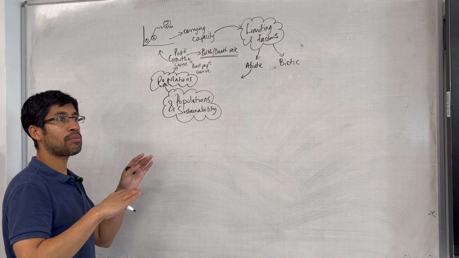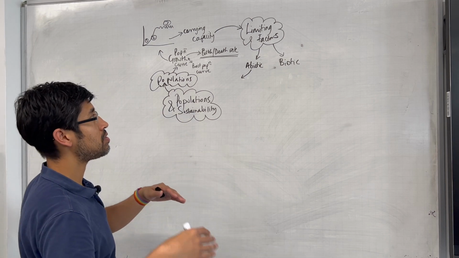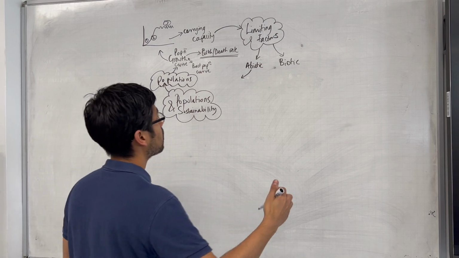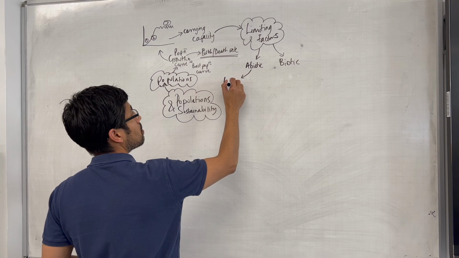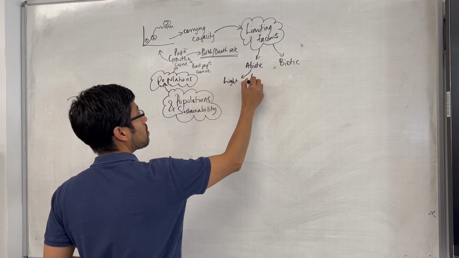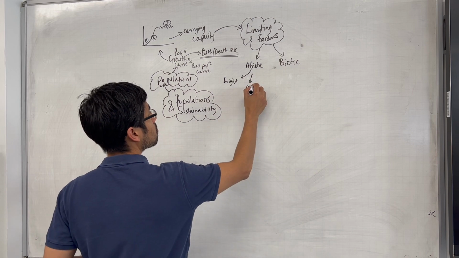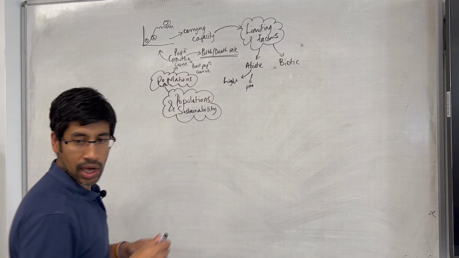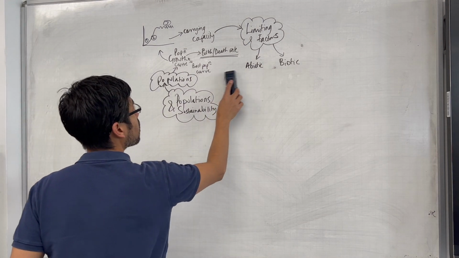So whatever affects the plants will eventually affect other species, the community, etc. So abiotic factors such as light, pH, well, these are non-living, right?